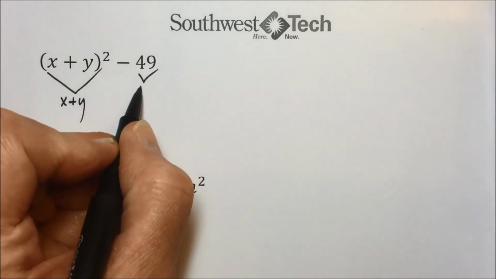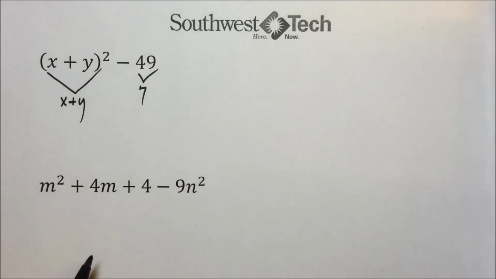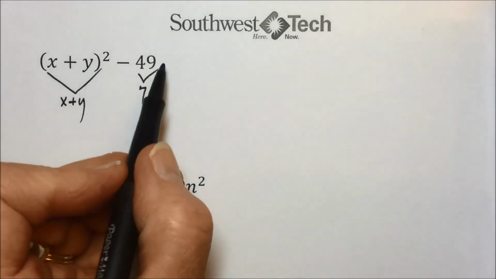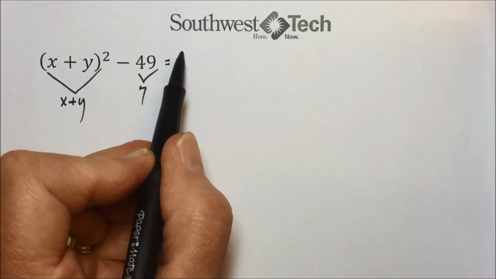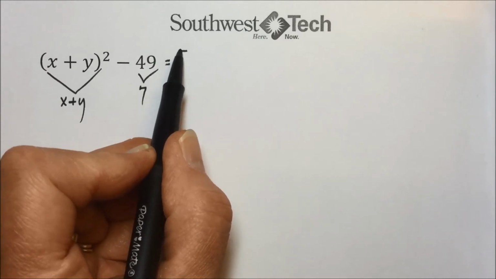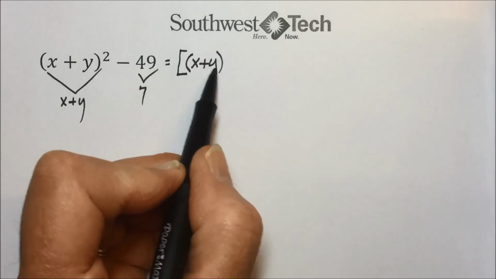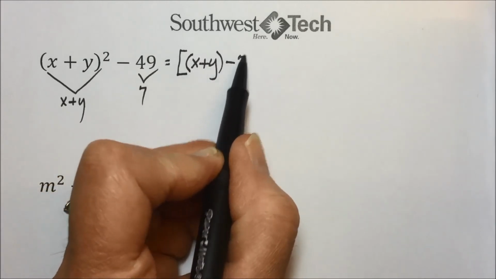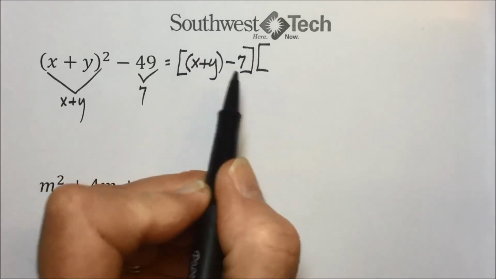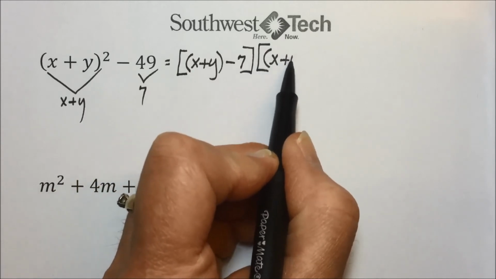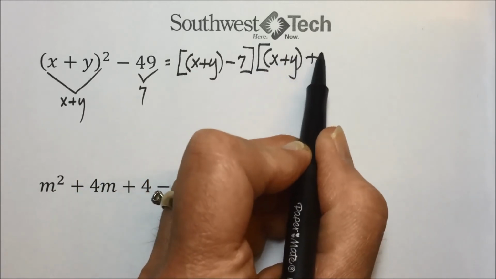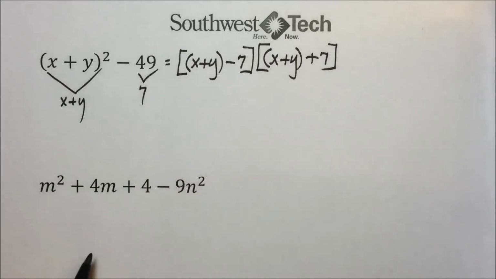Square root of 49 is 7, so we have a difference of squares. Difference of squares factors into the product of conjugate pairs. So we would have the square root of the first term, and I'm writing it in parentheses, minus the square root of the second term, times square root of the first term, plus square root of the second term.